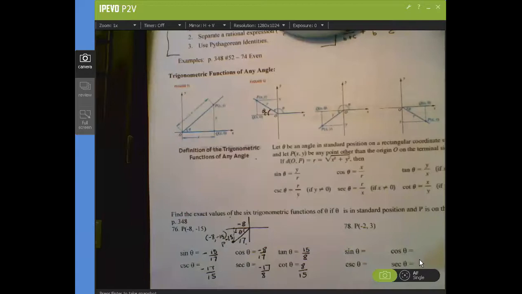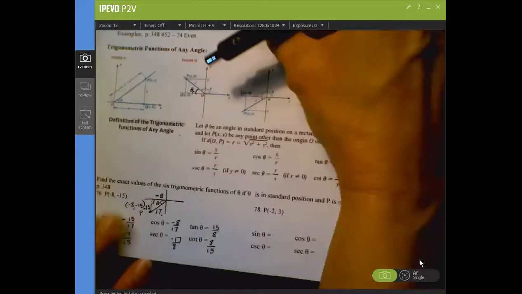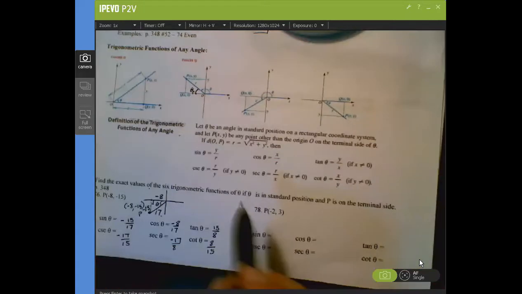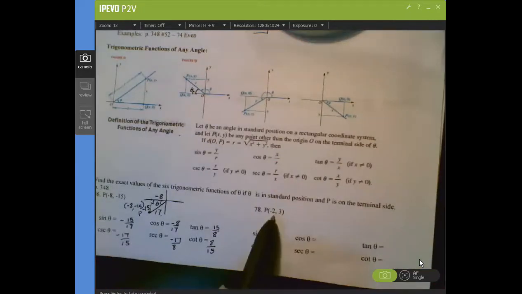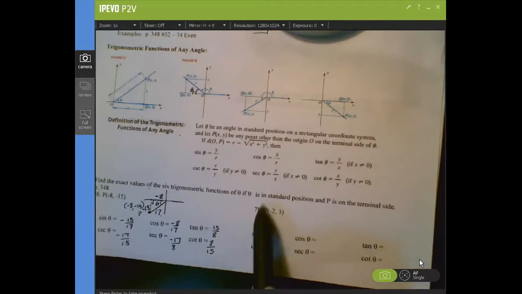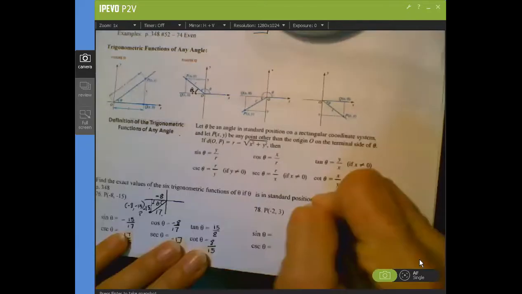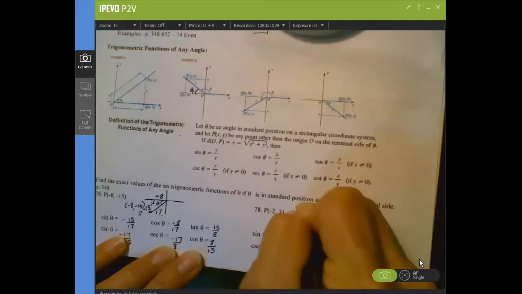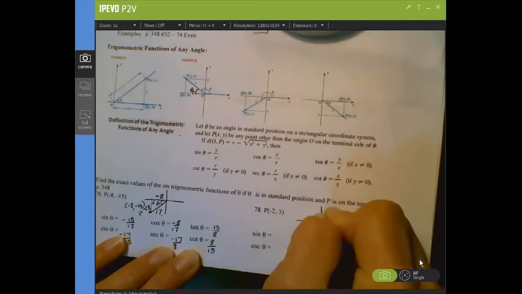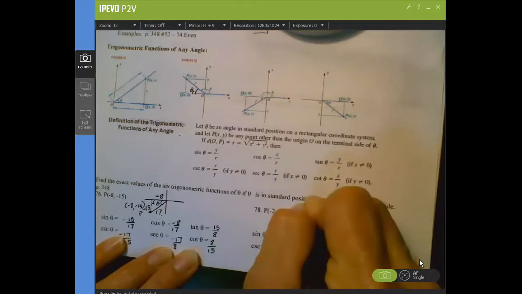All right, let's do one more of these. If P is a point on the terminal side of an angle in the Cartesian coordinate system that is in standard position, that point P is in the second quadrant because X is negative and Y is positive.